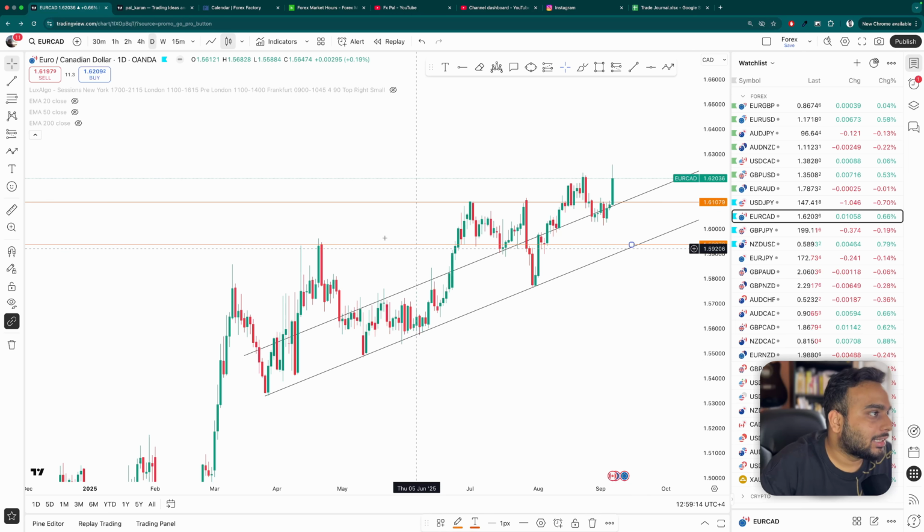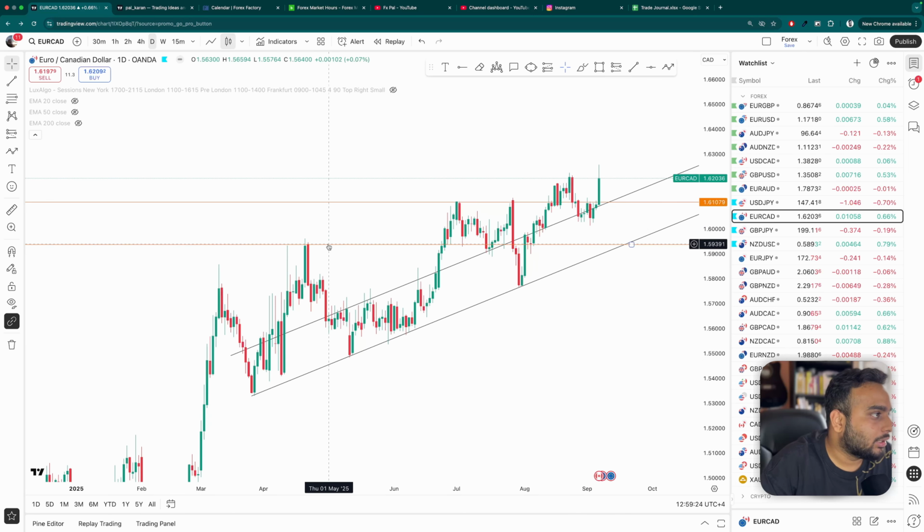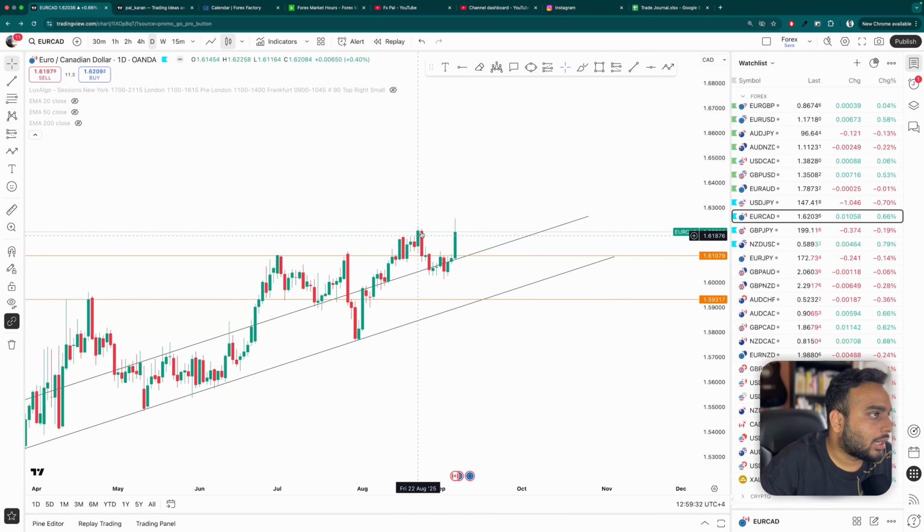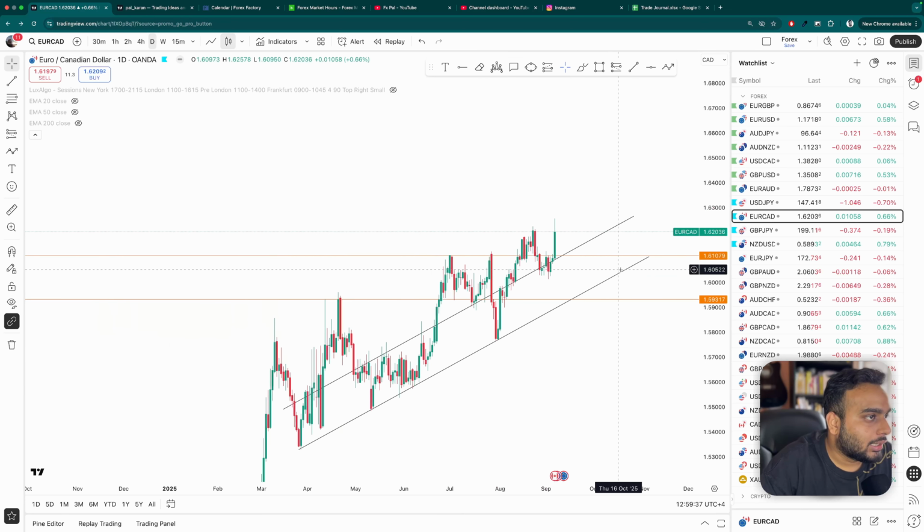So this has acted as resistance, and because of that, you can see there are rejections here, and these are daily candles rejecting from this area. So it's a good key level, and we can cover even this liquidity area. So either the price can come down here and then reject, or the price might come here and reject from this area.